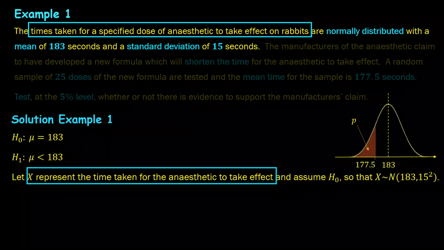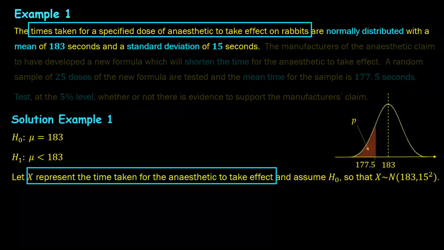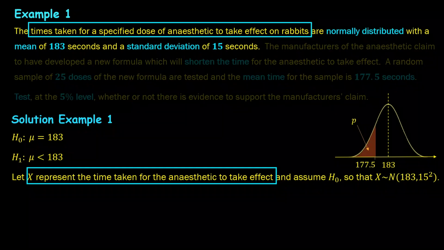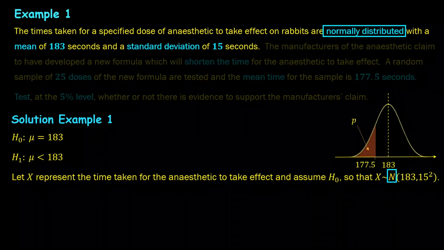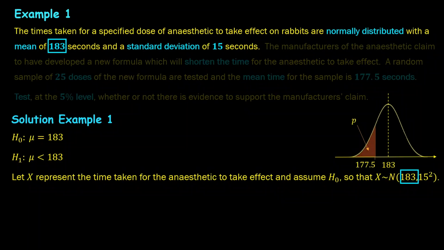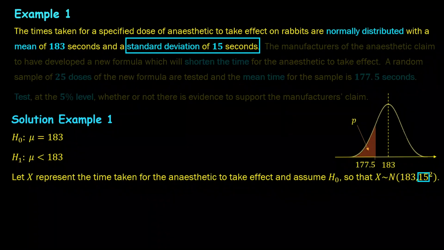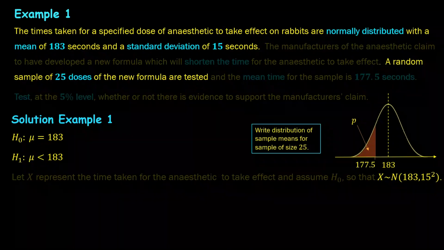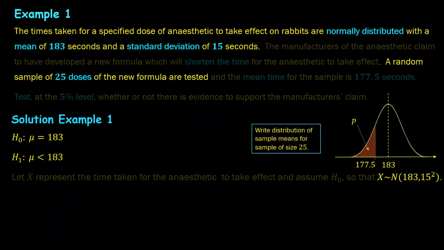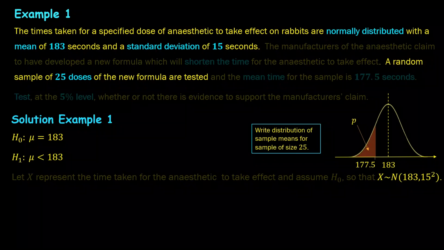We're going to let x represent the time taken for the anesthetic to take effect. And we're going to assume under H0 that x is distributed normally with mean 183 and standard deviation 15. So now we're going to write the distribution of the sample means for the sample of size 25.